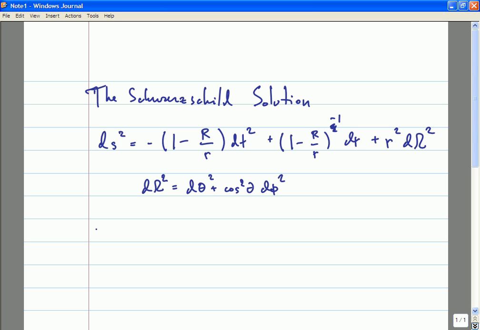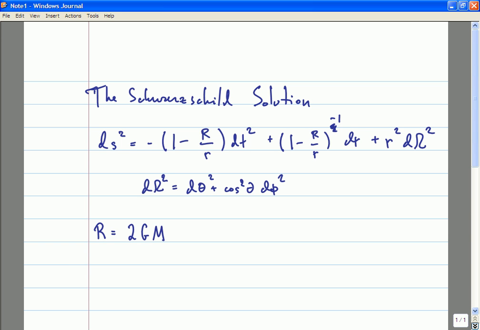And here, this parameter R is a parameter with dimensions of length that parametrizes the solution, and it is known as the Schwarzschild radius, and it is proportional to the mass of the object.